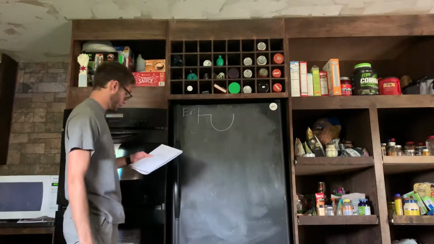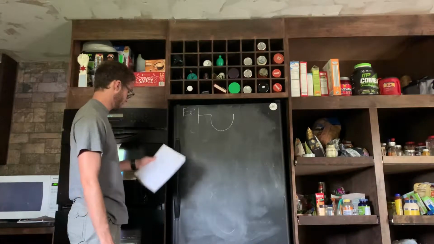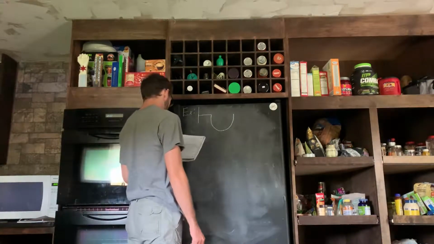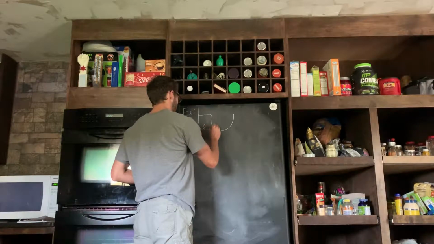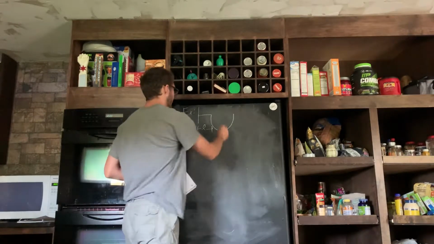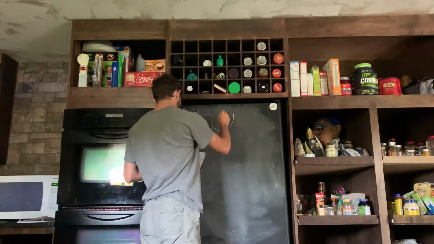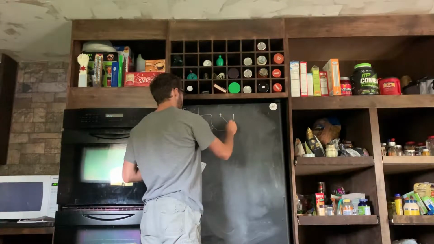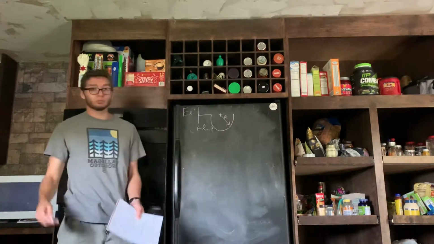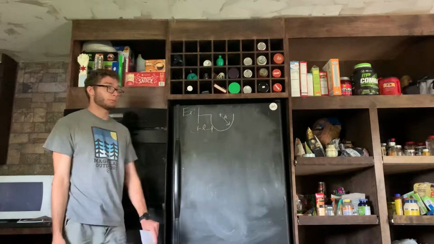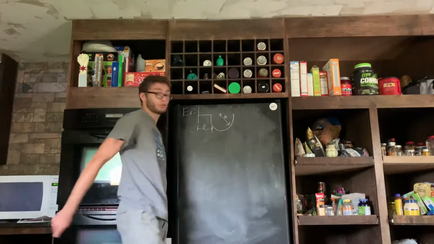Okay, so that is the drawing, and we are given that this is equal to L, this is equal to R, and these are all just variables. We're not solving numerically.